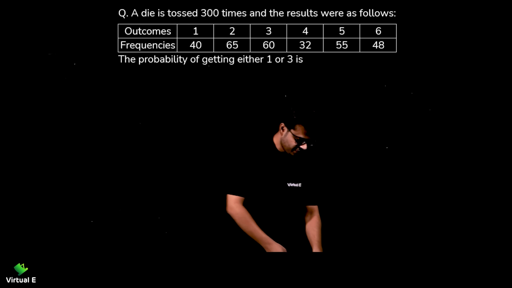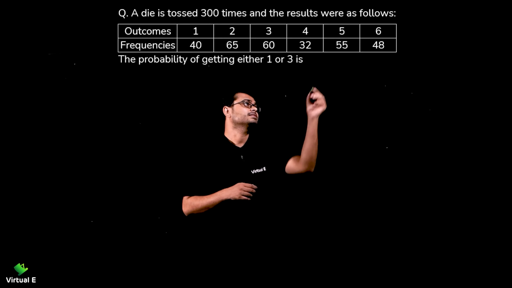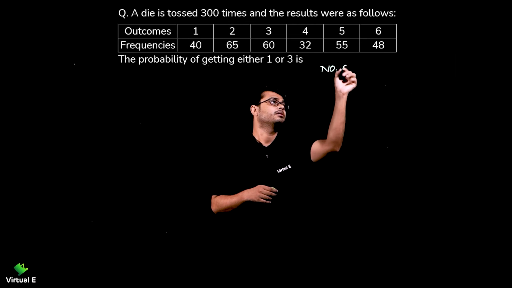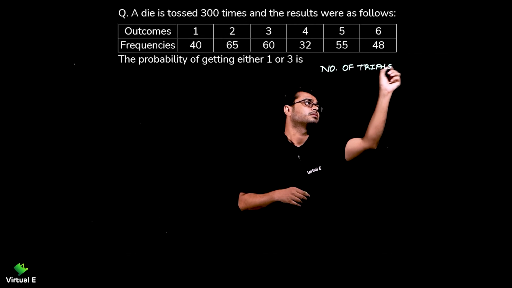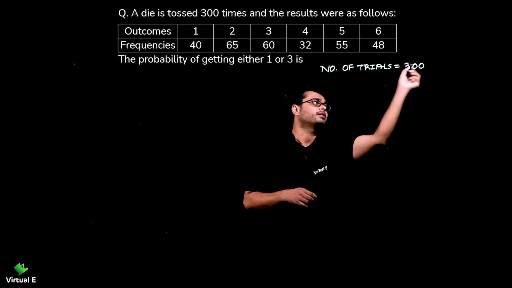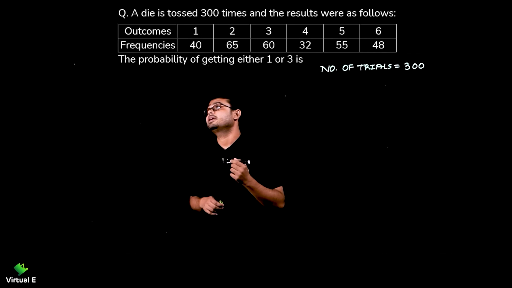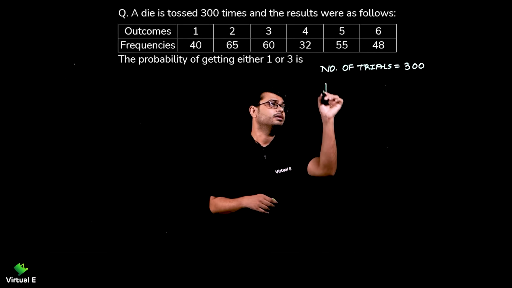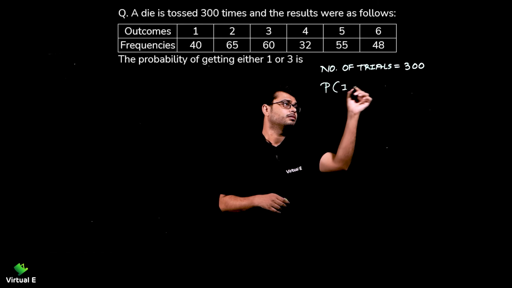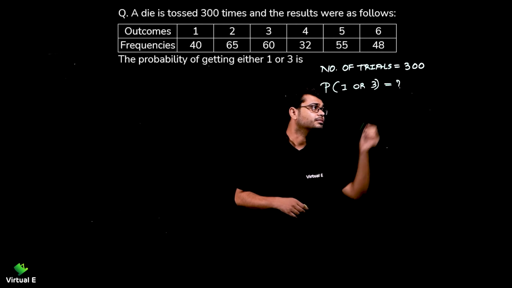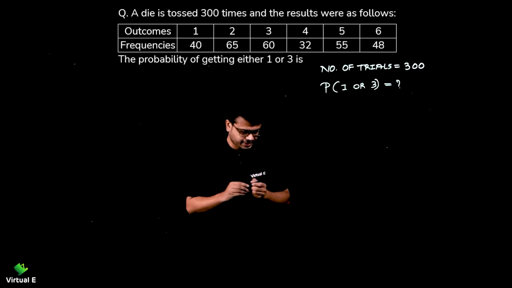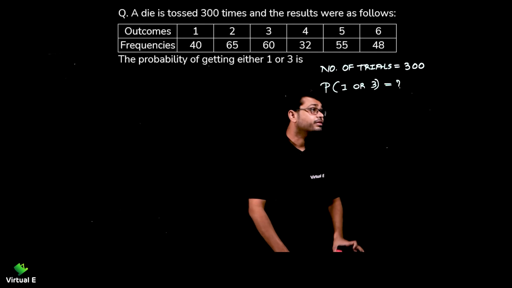Okay, so first of all, let's write number of trials, that is number of trials is equal to 300. And what we need to find is the probability of either 1 or 3, question mark. This is what we need to find. Okay, so let's see how we approach this one.